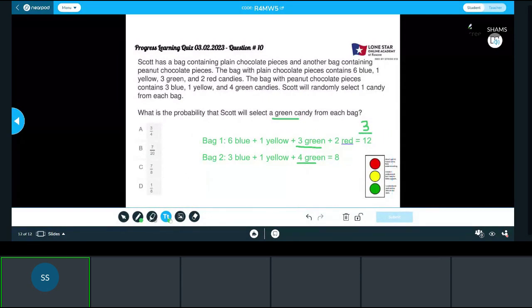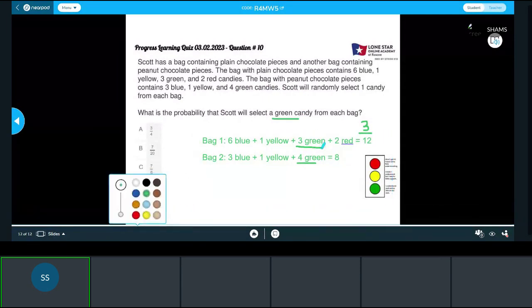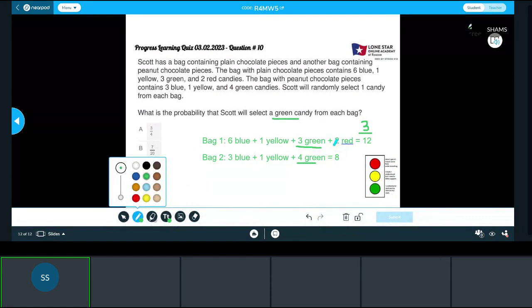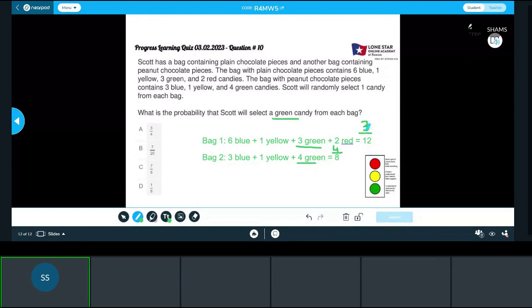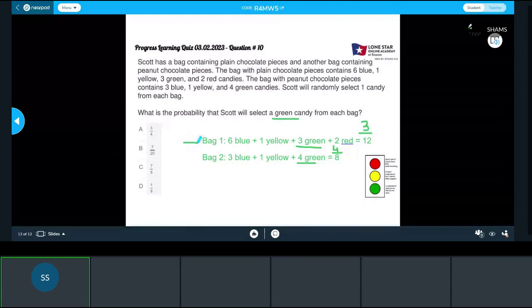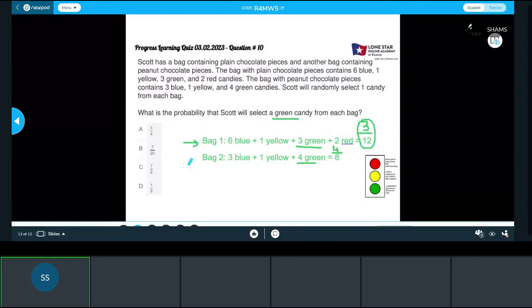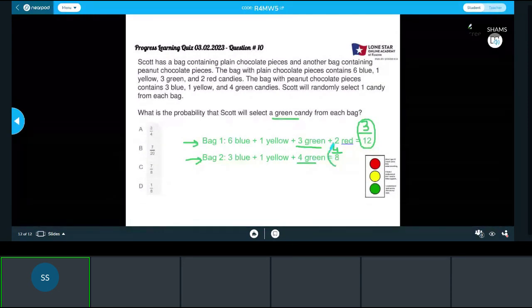And so choosing a green candy from bag 2 will be 4 out of 8. Right? So 3 out of 12 and 4 out of 8. The chance of picking a green from bag 1 is 3/12. The chance of picking a green candy from bag 2 is 4/8.